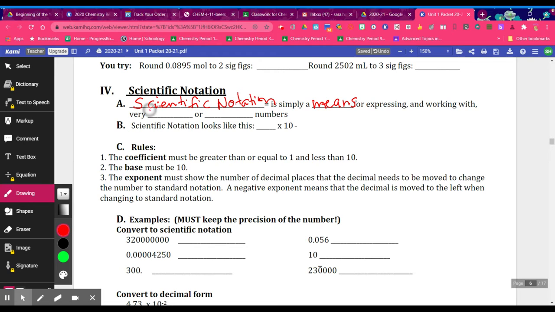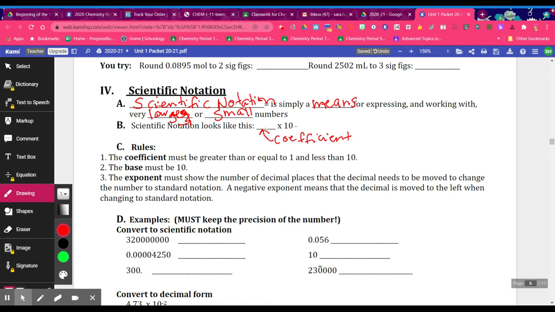So these numbers are going to be very large, meaning lots of zeros, or small numbers. Okay, so scientific notation is going to have, right here, a coefficient. So there's going to be a number here.